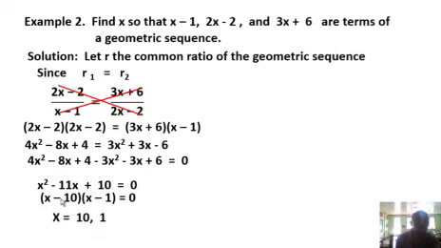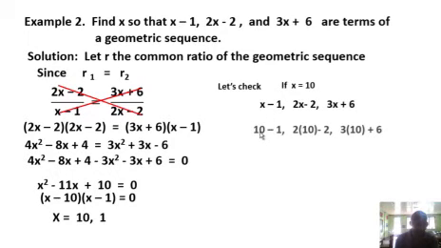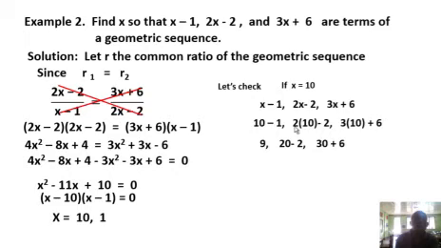Solving for x, equating each factor to 0, so x equals 10 and x equals 1. Let us check. Substitute if x equals 10. So in our original sequence, substitute x with 10, so 10 minus 1, 2 times 10 minus 2, 3 times 10 plus 6. Simplify, this is 9, this is 18, this is 36.